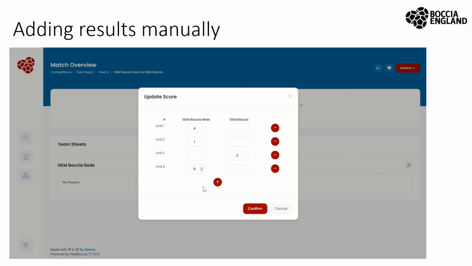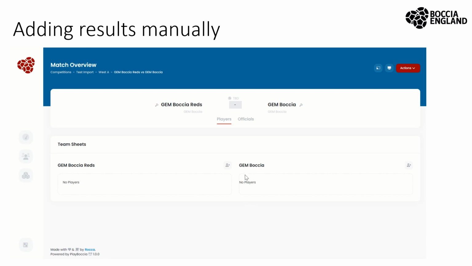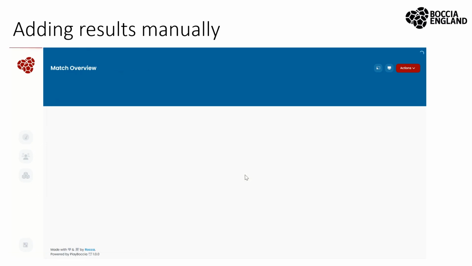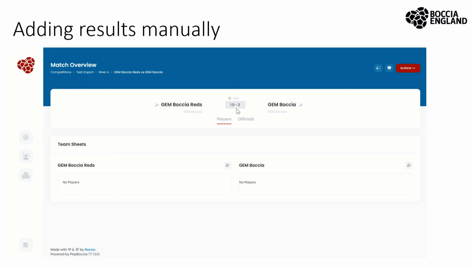When the system is live, it'll be 6 ends, but for the purpose of this demonstration, it's just 4 ends. So I've entered the score of each of the 4 ends, and I'll just click the confirm button. Refresh the page, and it will enter the score into the match overview page.